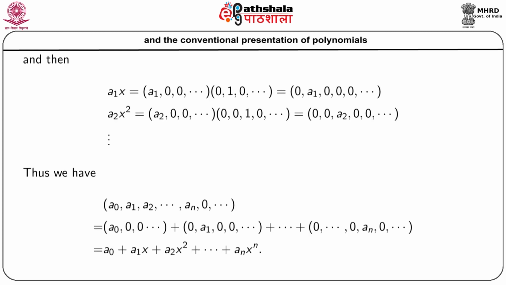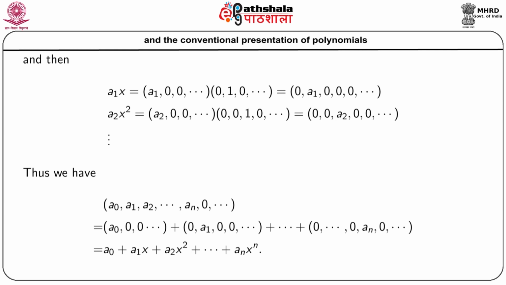And then if we assume a1 to be the polynomial whose first term is a1 and all other terms are 0, then the product of a1 and x becomes the polynomial whose first term is 0 and only the second term is a1 and all other terms are 0. Similarly, a2x squared becomes the polynomial whose third term is a2 and all other terms are 0.